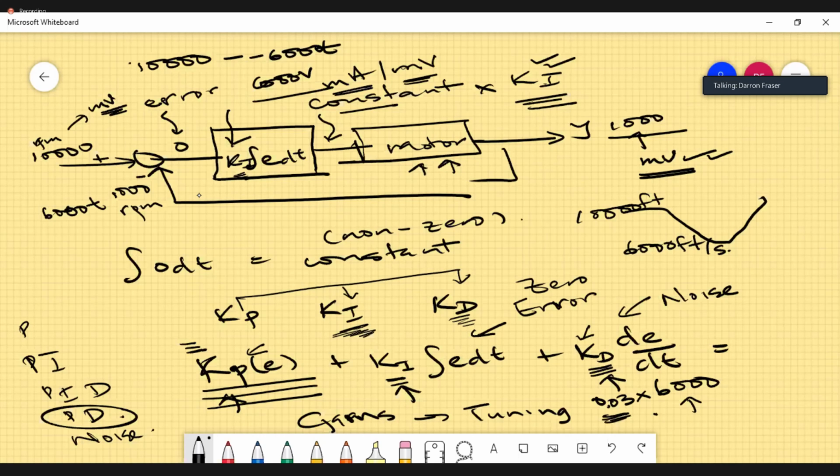If you just use the error alone and the derivative of the error alone, the response is going to be too much. So the KD is the modifier. Same thing with the KI and the same thing with the KP. You know if I'm making any sense? Yes, sir.